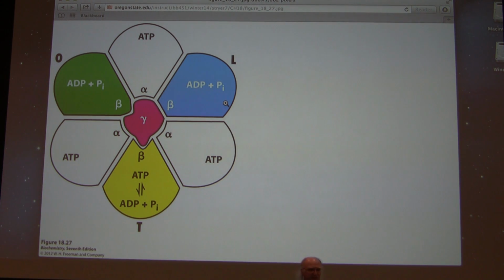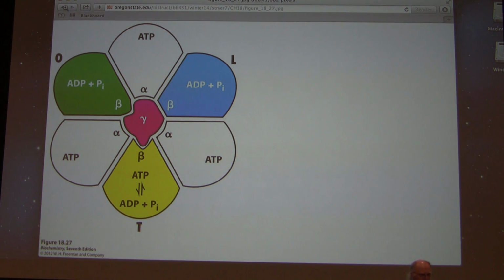It should show it as empty. Yeah, it should be empty. Okay, it's a very cool process. Say it again. The alpha subunit really isn't playing a role in this process. It's holding on to ATP, but it's not really doing anything here.